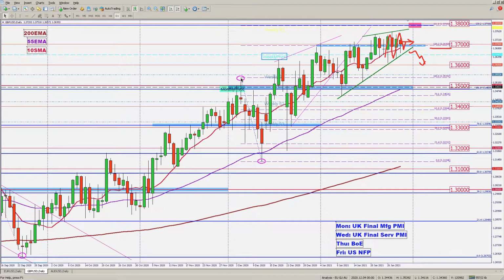It may target the swing high at the 100 fib, 1.3540 area. If it does break out higher, it's a limited area, then 1.38 is there with the 162 fib extension of this reversal.